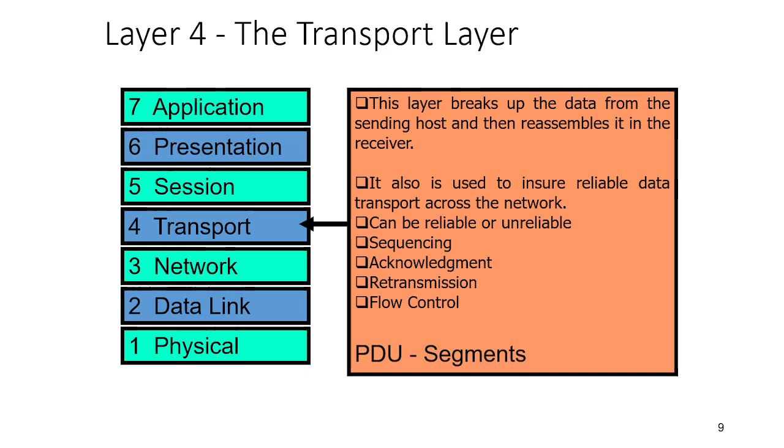Two important protocols are TCP, Transmission Control Protocol, for reliable communication, and UDP, User Datagram Protocol, which is faster but less reliable. For example, streaming services may use UDP for faster communication.